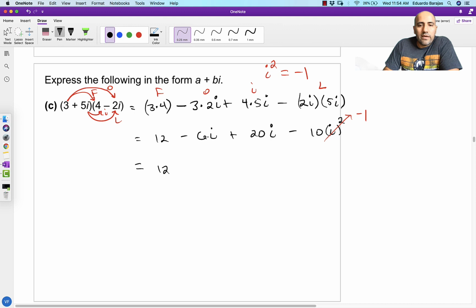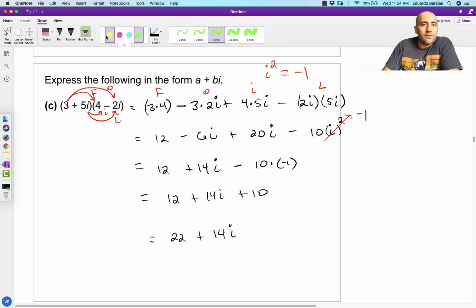So this simplifies to 12. Combining these two together, minus 6 plus 20 gives me the plus 14i. And then we end up with a minus, and then 10 times negative 1, which is going to become negative 10. And then a subtraction of a negative 10 is going to become a positive. So we get 12 plus 14i plus 10, and then we bring together the 12 and the 10 to give us 22 plus 14i.